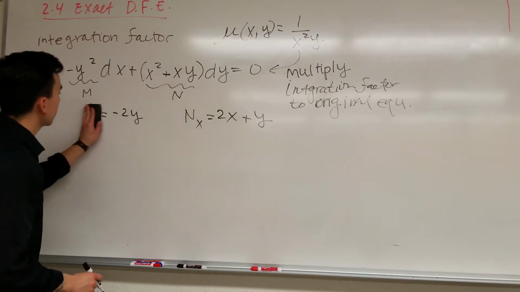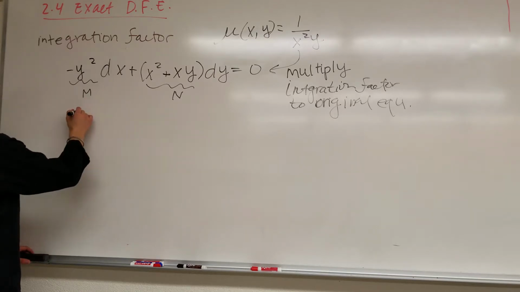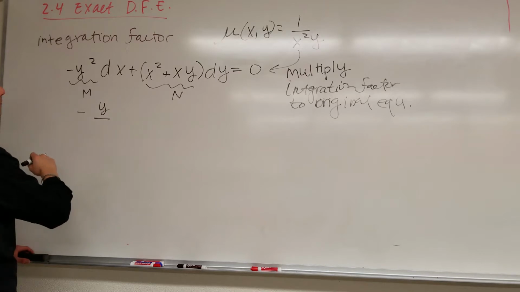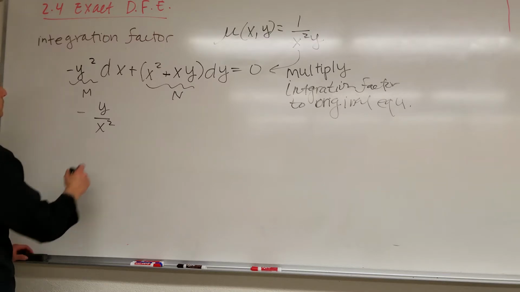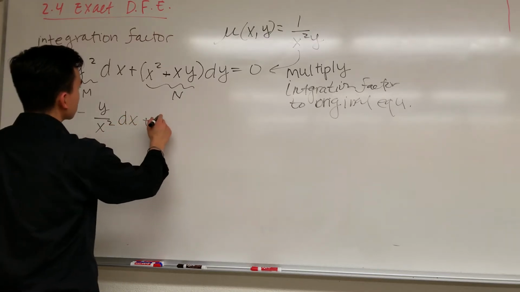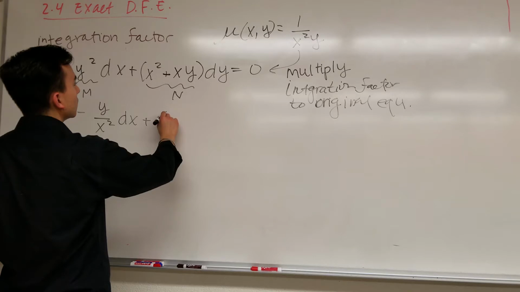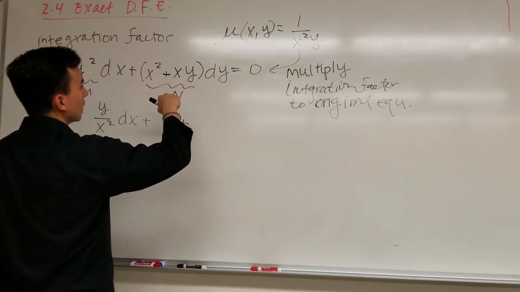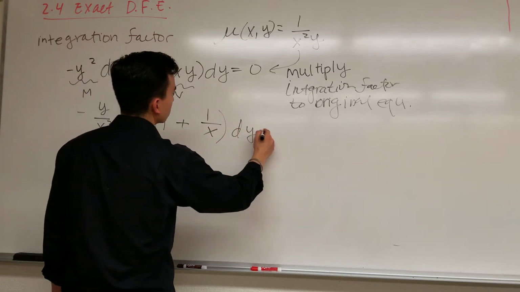So now we have negative y over x squared dx plus, we have a 1 plus 1 over x.